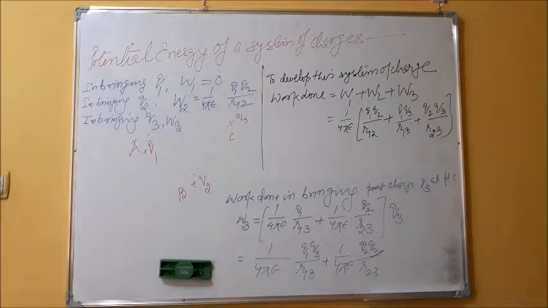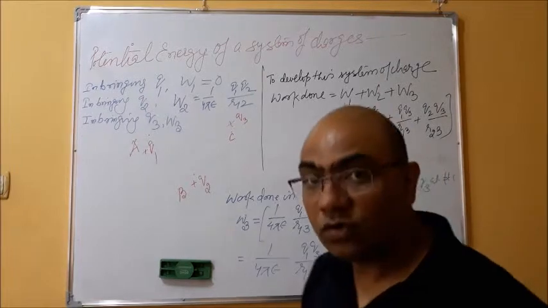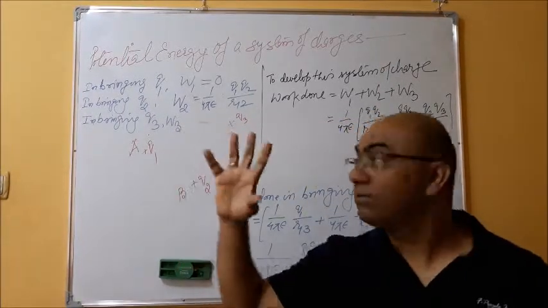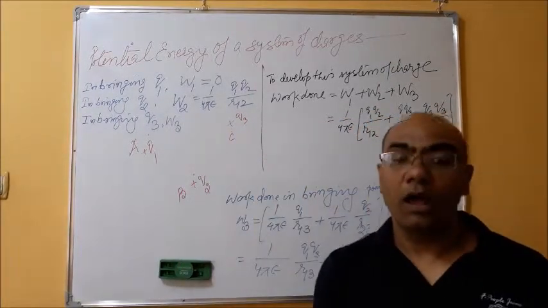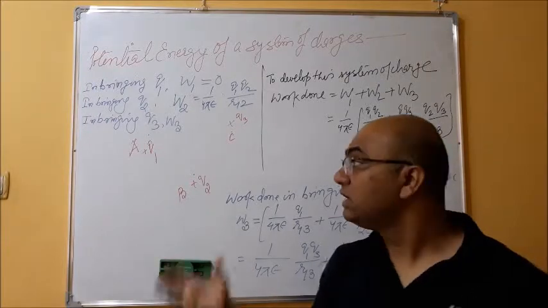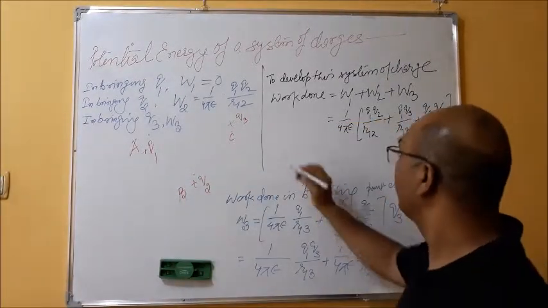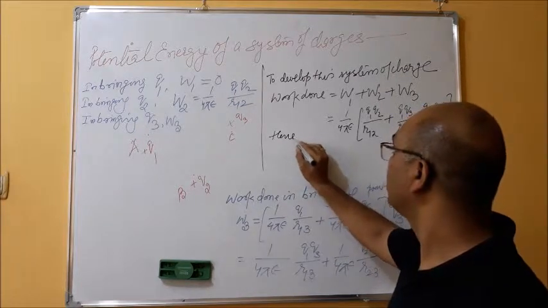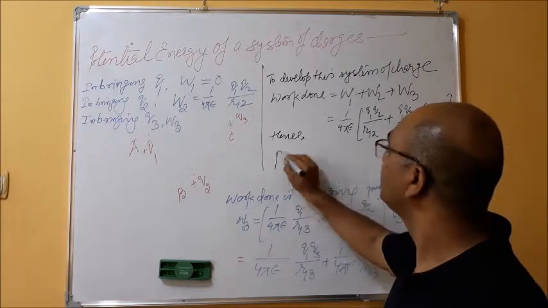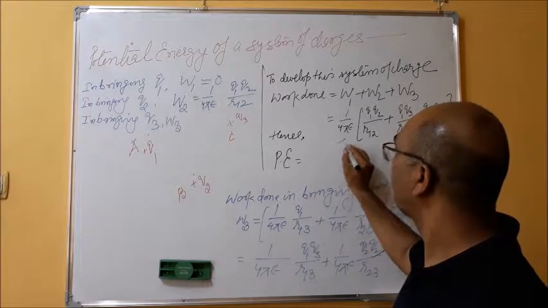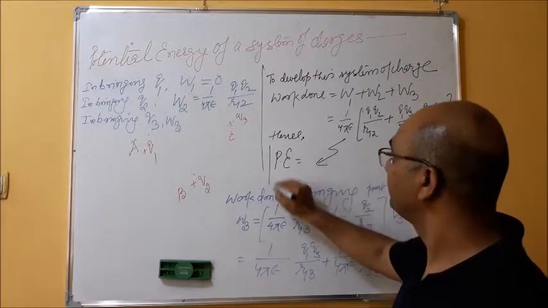So this is the work done, right? And you know that work done in bringing this system is equal to the potential energy stored in this system, and hence you can say potential energy is given by the same formula.